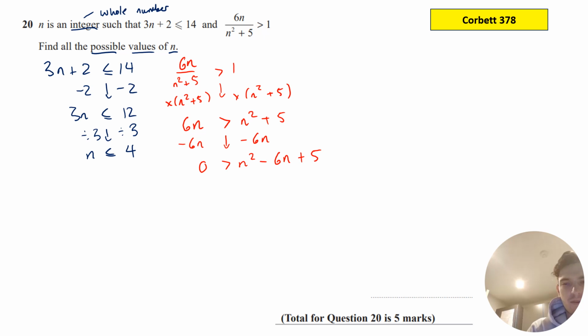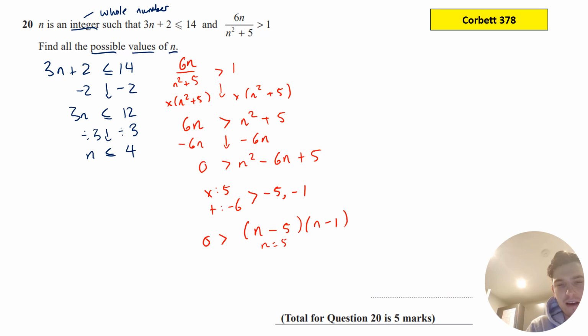So I want two numbers, multiply to make 5, add to make minus 6. So I think they both have to be negative. I think they have to be minus 5 and minus 1, because minus 5 times minus 1 is 5, and when you add those two, you get minus 6. So let's write this as 0 is bigger than n minus 5, n minus 1. So n could be 5, n could be 1.